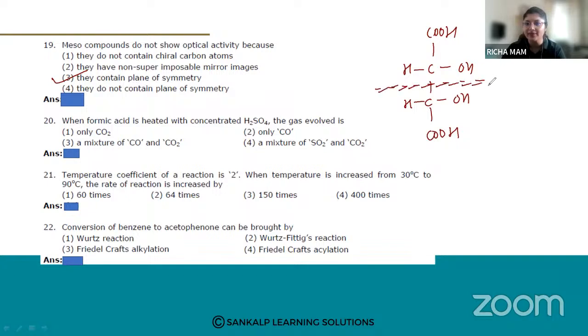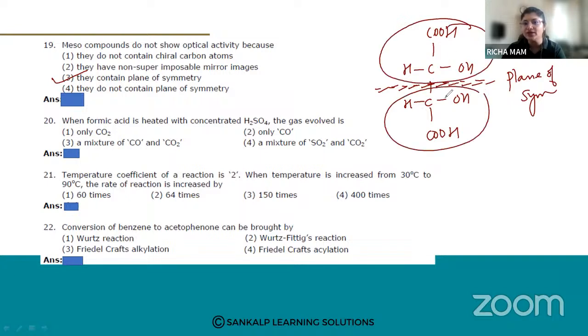If I keep a mirror here, this is a plane of symmetry. So one half of the molecule is similar to the other half, so it will get cancelled out, right? Because of the plane of symmetry, they do not show optical activity.